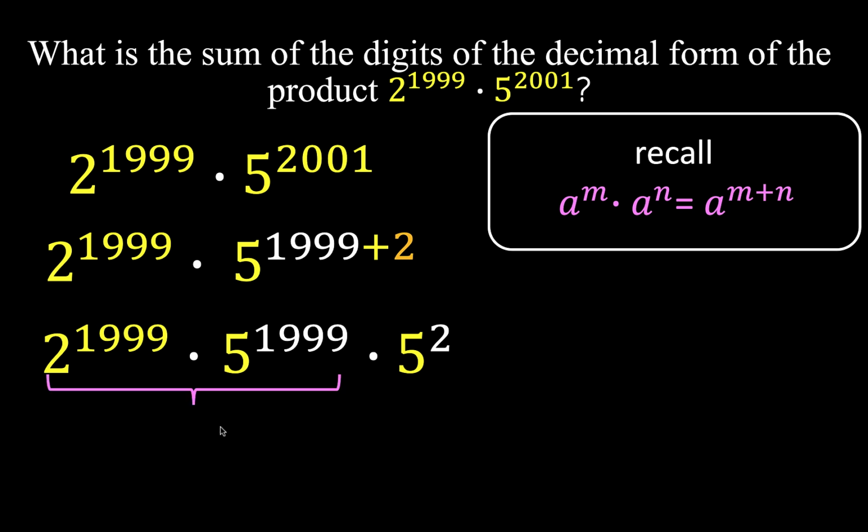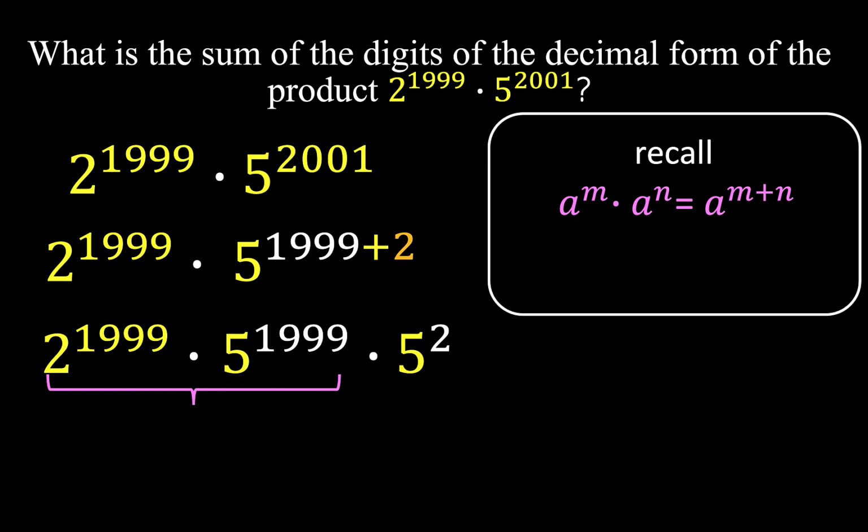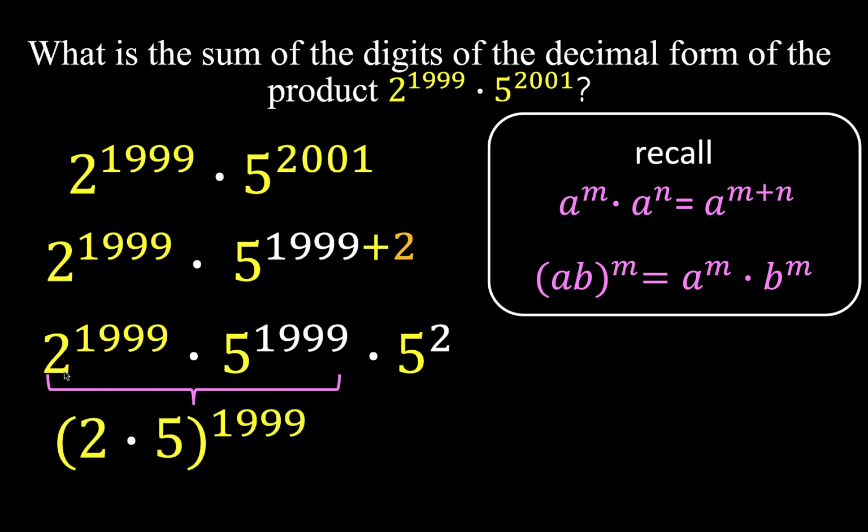So let's recall the power of product rule of exponent. When we have the product a times b raised to m, that is equal to the first factor raised to m times the second factor raised to the same exponent. And using the converse of this, we can now rewrite these first 2 factors as the product of the bases 2 times 5, that is our a times b, and the exponent would be the common exponent 1999, which is our m.